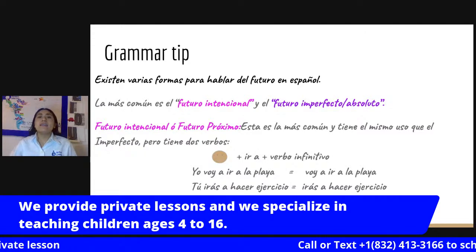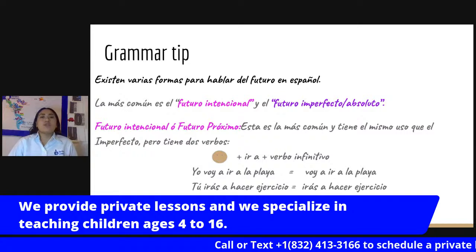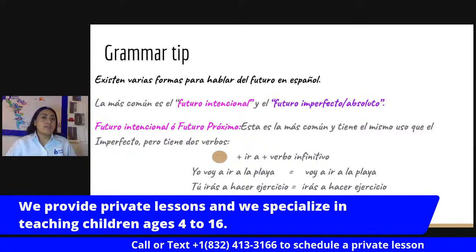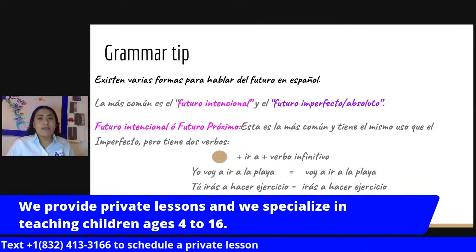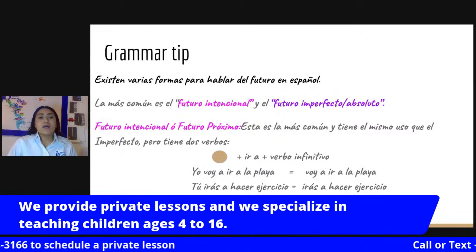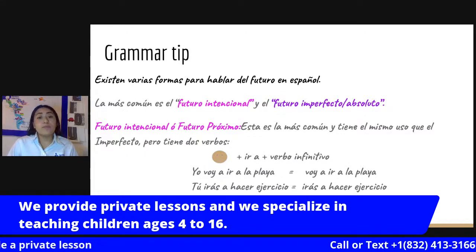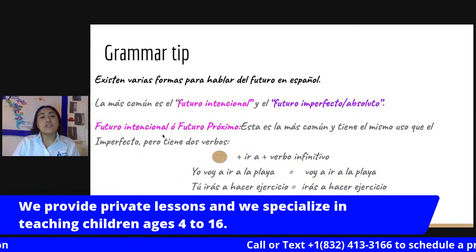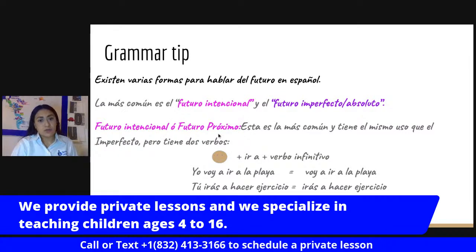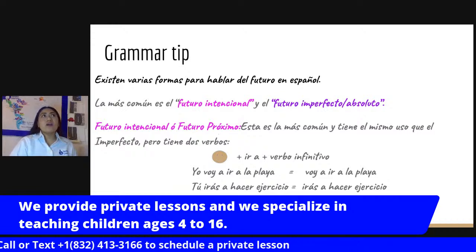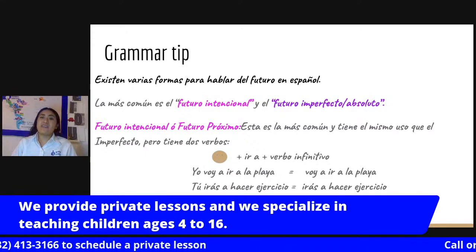Intencional is like the intention, it's like what you want to do, some plans that you are thinking right now, okay? So also we have futuro intencional, another name that is futuro próximo, okay? I know some tenses in Spanish have different names.